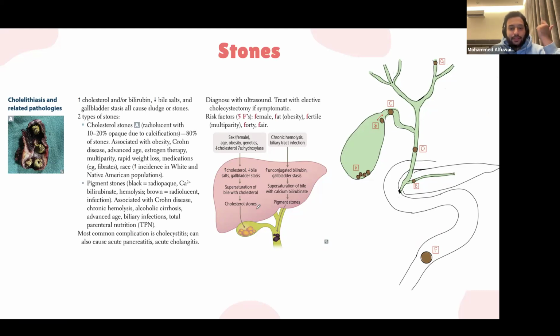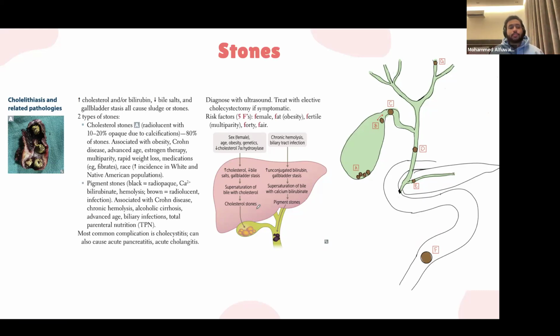Anyways, it's female, fat, obese because of high cholesterol, fertile, again high estrogen. High estrogen will increase the cholesterol, and then progesterone as well, which will decrease the motility of the gallbladder. That's just a fun fact for you. 40 years old and fair-skinned. This is cholesterol gallstone, which is the most important one, the most common one.